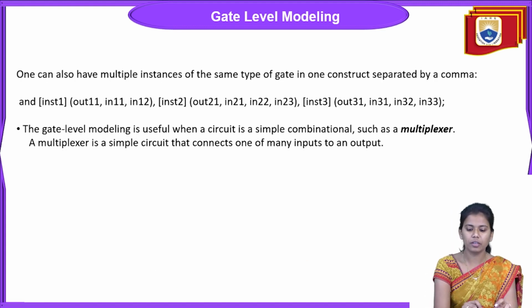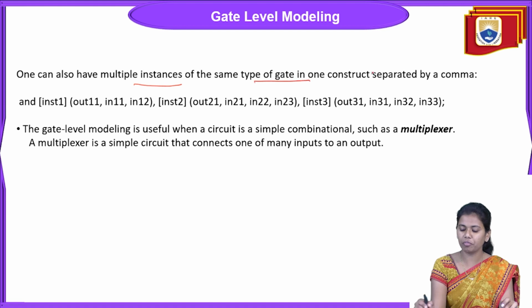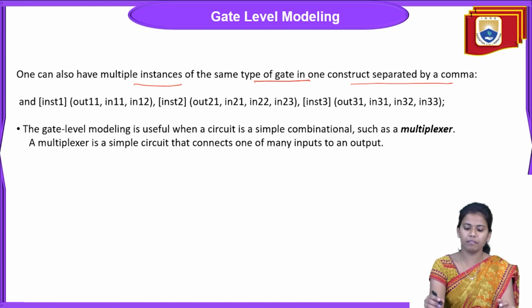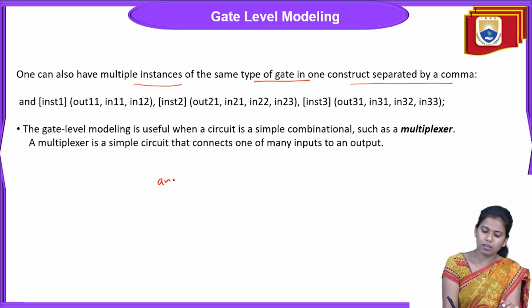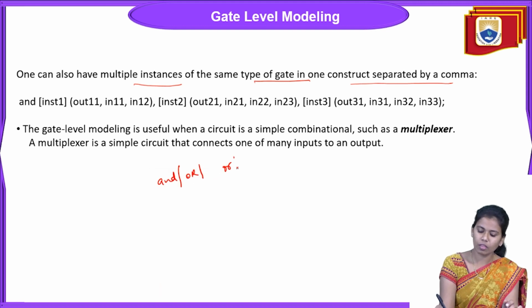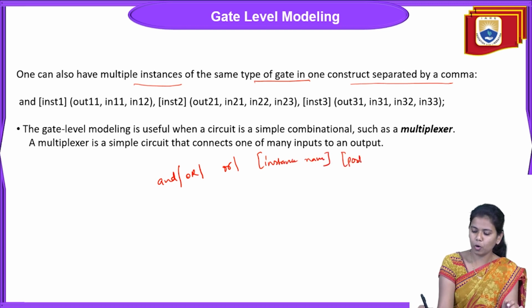Coming to this particular slide, one can also have multiple instances of the same type of gate in one construct, separated by commas. As in the previous syntax, we have discussed AND, OR, XOR, and here the instance name, and coming to the port list.